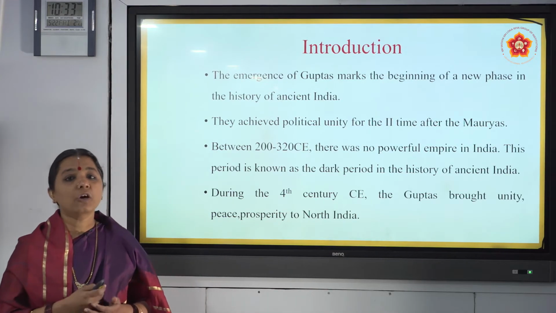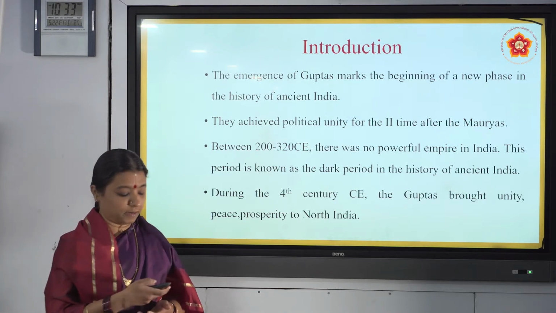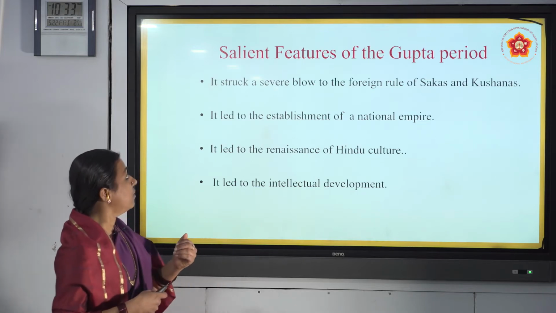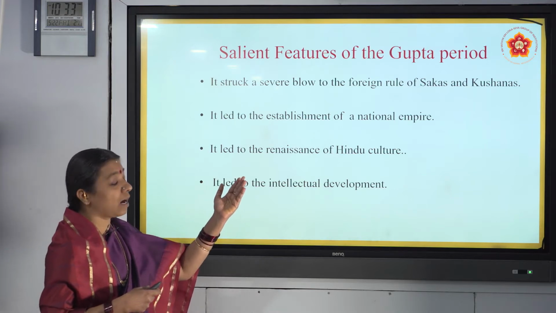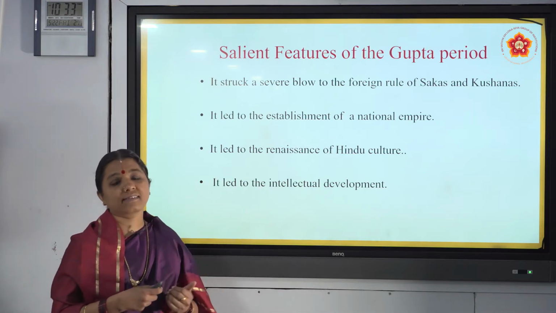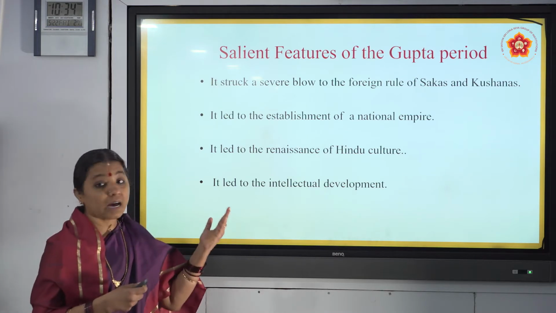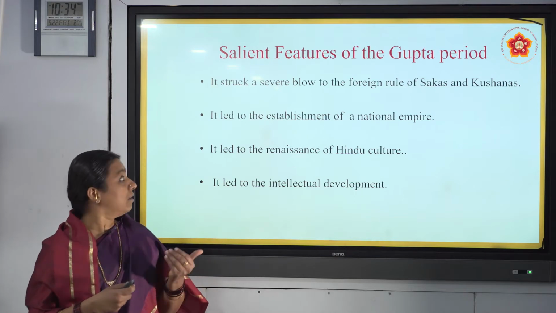Now let us know about the salient features of the Gupta period. The first one being, it struck a severe blow to the foreign rule of Sakas and Kushanas. Yes, the Gupta rulers checked the invasion of Sakas, Kushanas and Huns with their might.